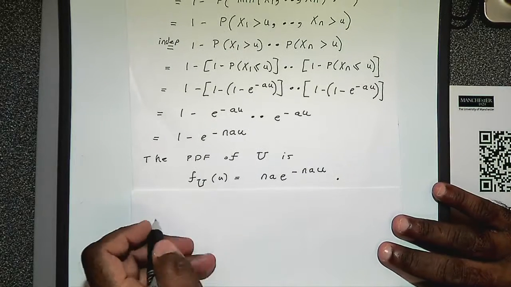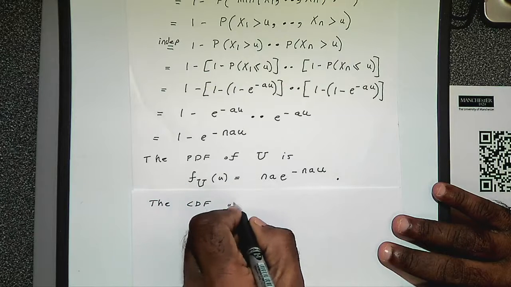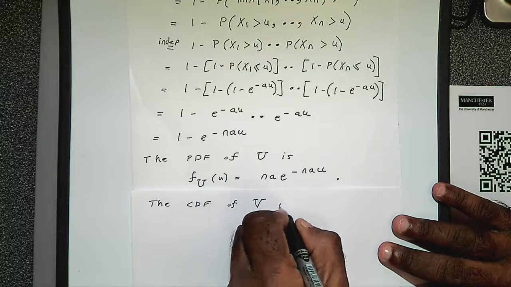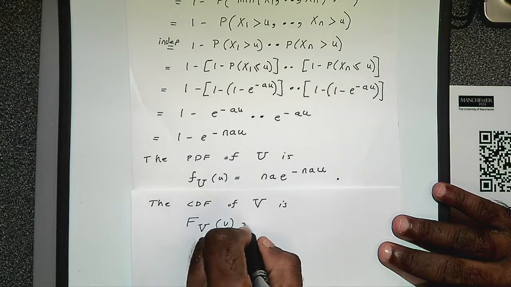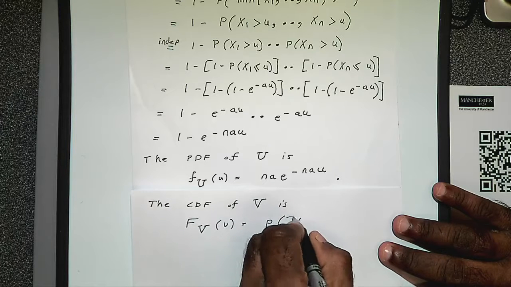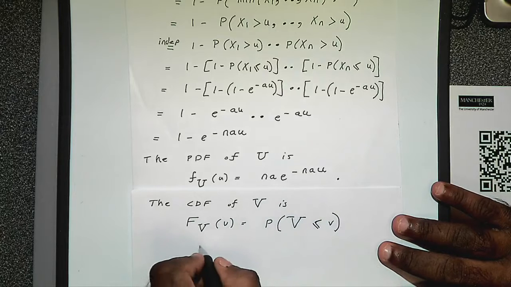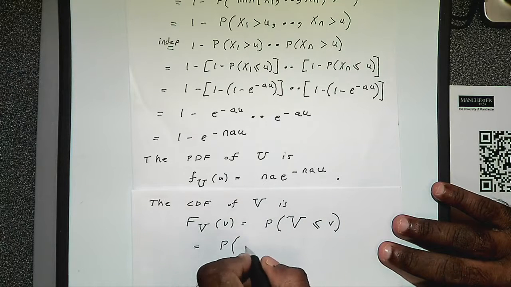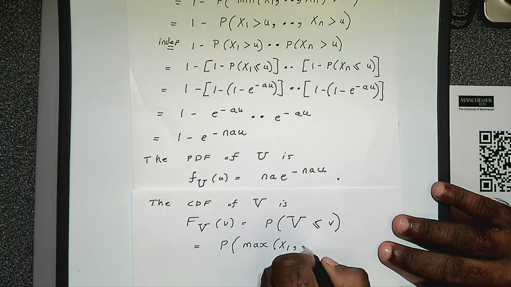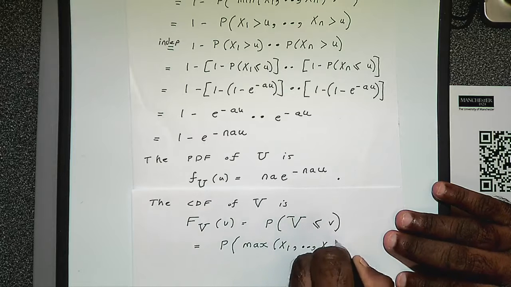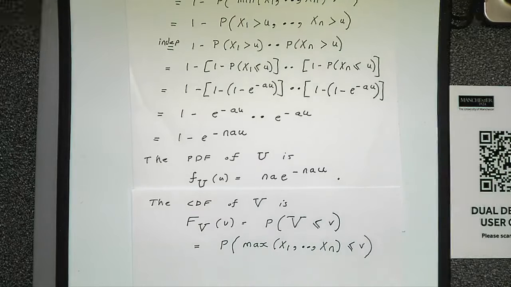Okay. So the CDF of V is this, which is the probability that the maximum of X1 to Xn is less than or equal to V. Be with me, guys.